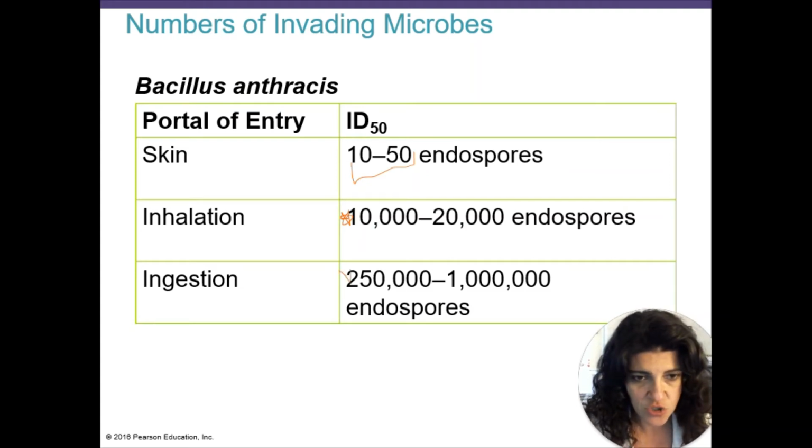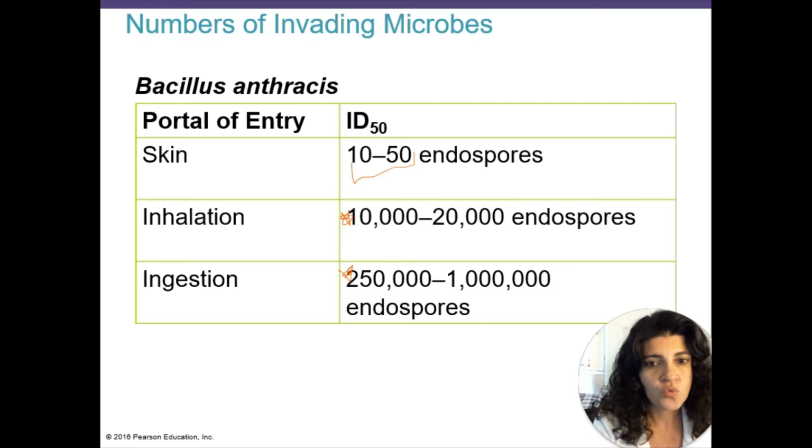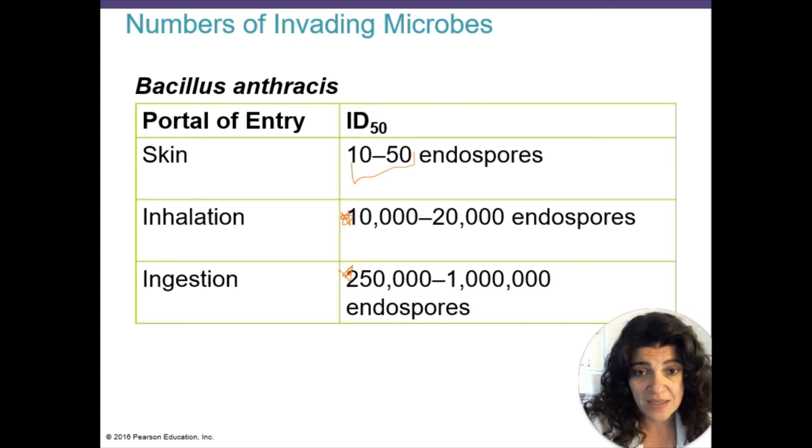So now my question to you is, which portal of entry is the preferred one? Which portal of entry will make you sicker quickly with Bacillus anthracis? Pause the video and think. If you thought it is the skin, you are correct.